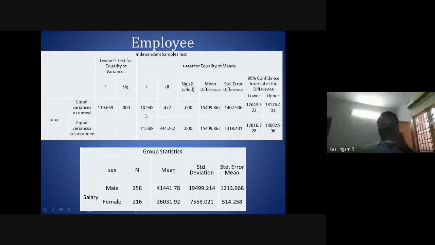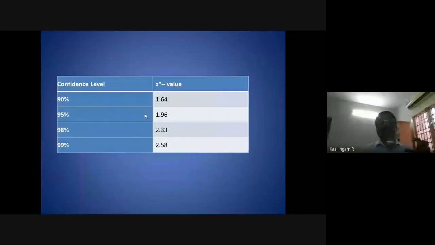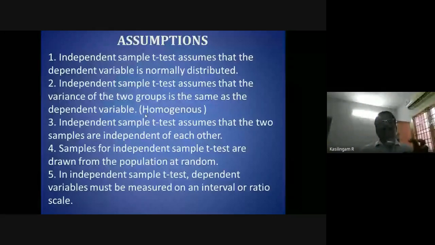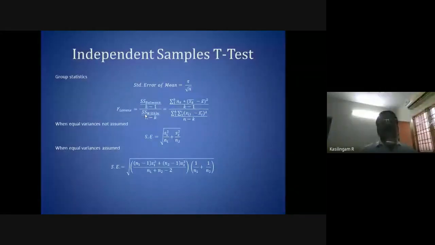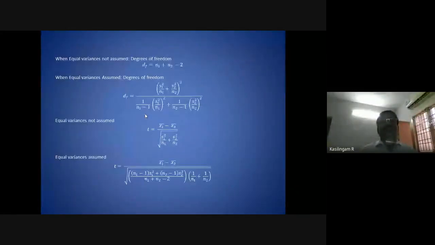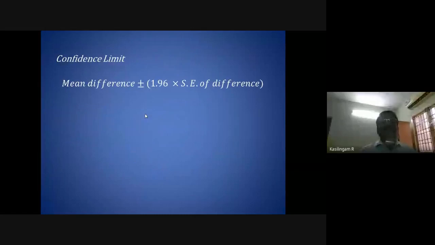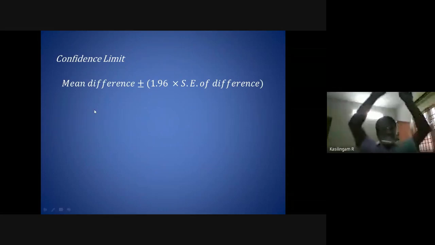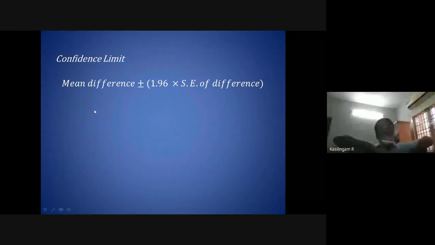Now that we have seen this, one more thing is the upper value. How do you get the upper value? We are getting the lower bound and upper bound. The upper value is nothing but the mean difference plus, in a normal curve, the z value of 1.96 into the standard error.